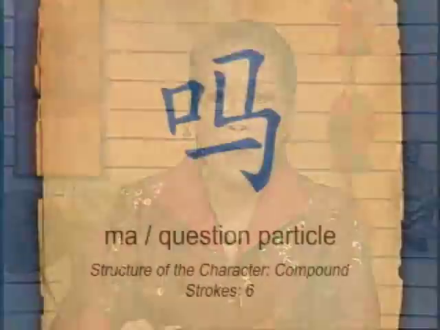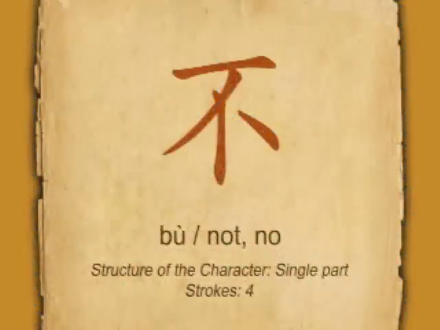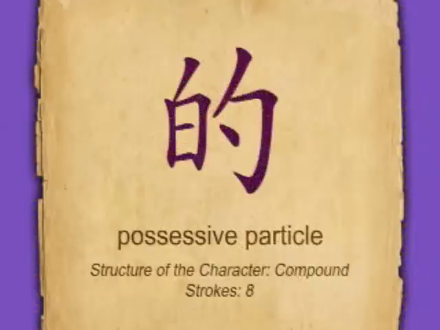They were 嘛, the question particle, 不, meaning no or not, and 的, the possessive particle. 同学们, we've come to the end of our lesson. We've learned new things and accomplished today's goal, which was to learn and use the word 谁的 to identify the owner of some school objects.